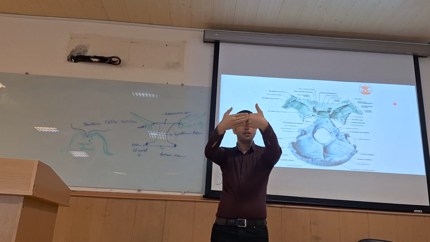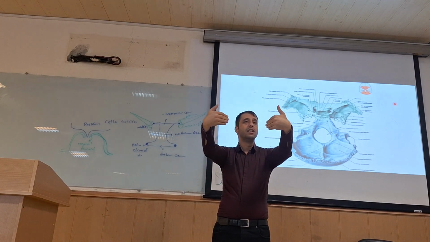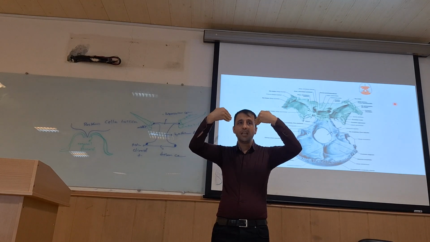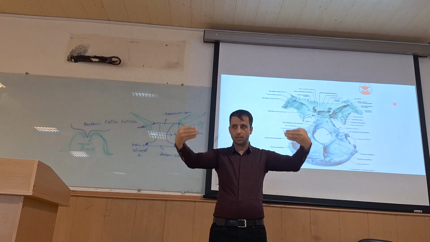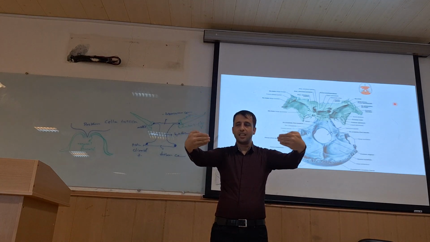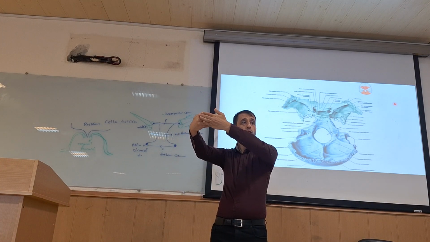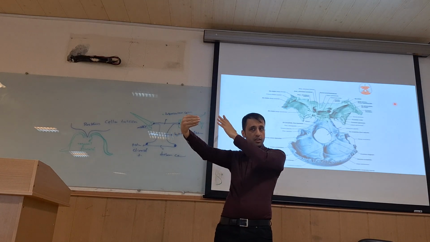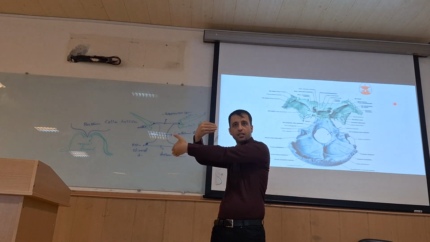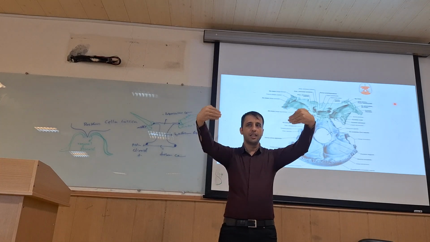At the anterior part, the greater wing makes the lateral wall of the orbit. So it is the orbital surface. This is the intracranial surface. This is the temporal surface of the sphenoid bone.